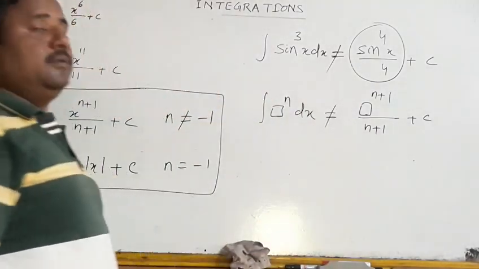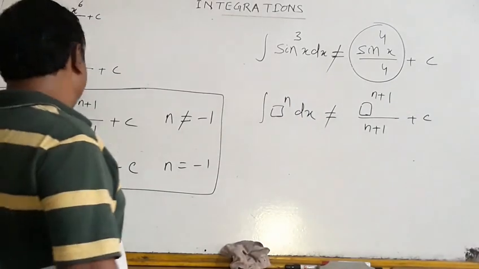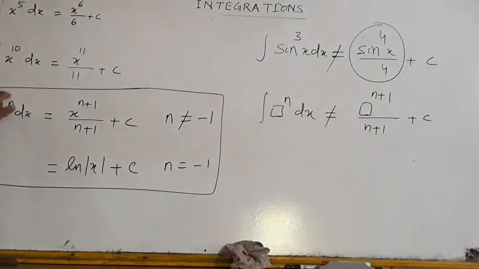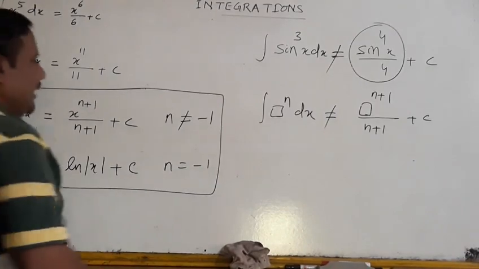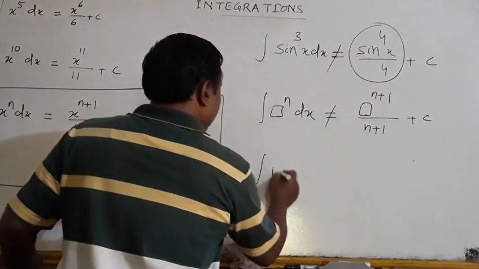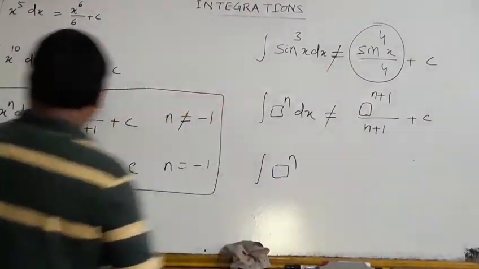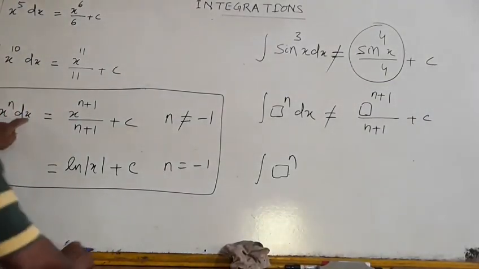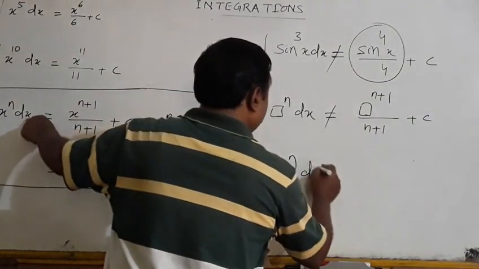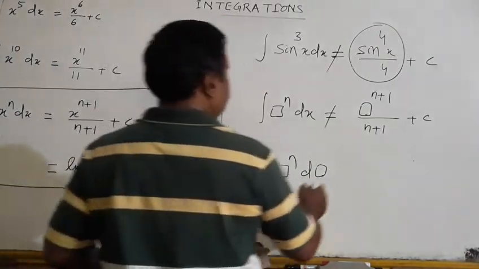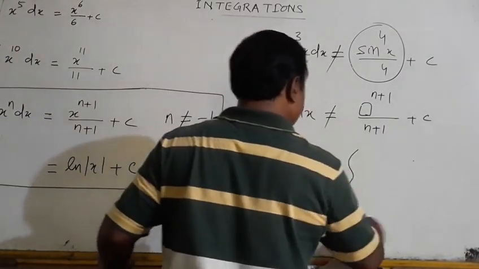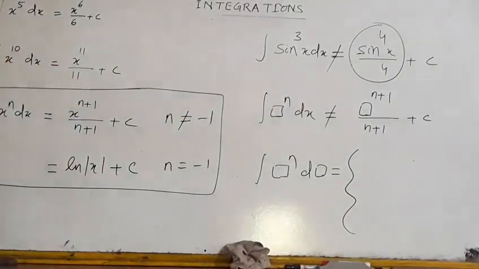Then sir, what will we do? The formula is like this. Not x to the power n dx. If we write box to the power n, d box, what will be the formula? Then only you can write. See the remarkable difference.